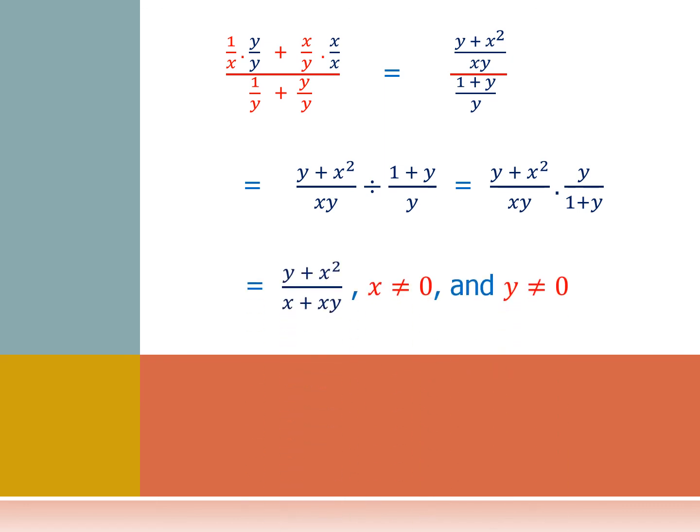We have y here and y here, so if we cancel them we get just x, and then in the denominator x times 1 plus y, x times 1 is x, and x times y is xy. So we get x plus xy in the denominator, and for the numerator we have just y plus x squared, and this is the simplest form. We cannot simplify them anymore.